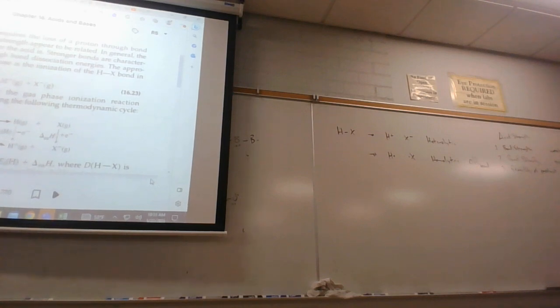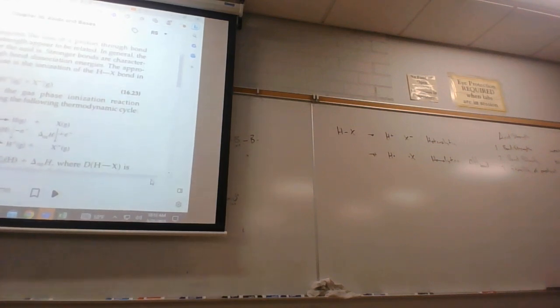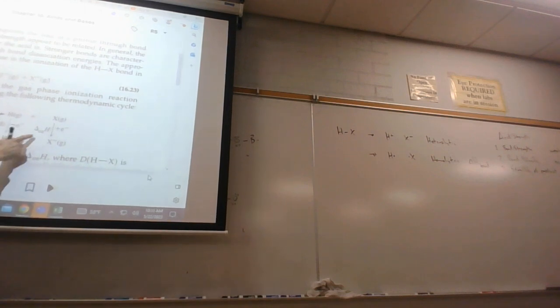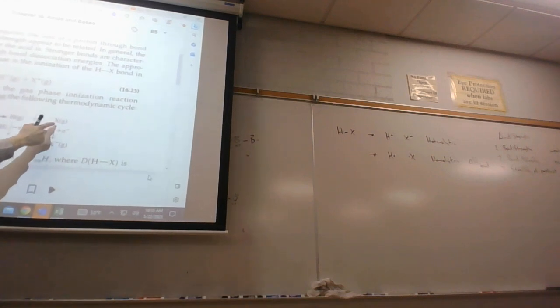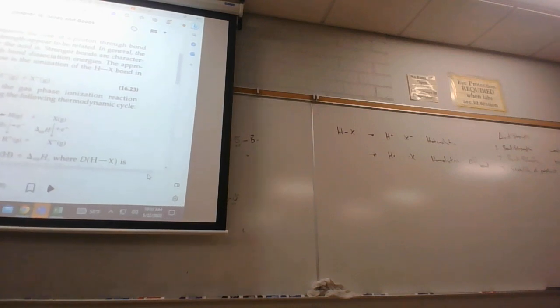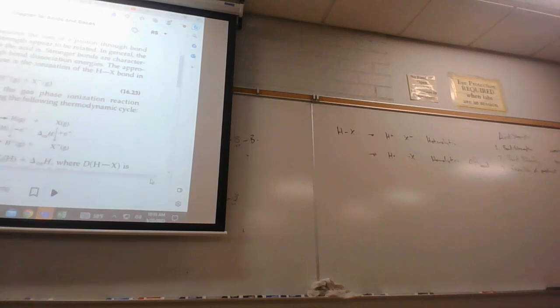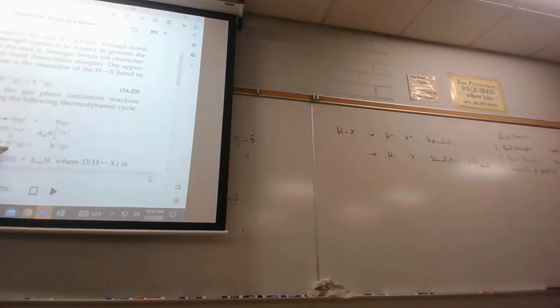Hess's law is we need to remove an electron from H. That's the ionization energy, EI for hydrogen. So if we take the homolytic and then add the ionization energy, and then we need to add an electron to X, that's electron affinity. And so we can do it in three steps. This plus this plus this gives us this overall. Okay? This is Hess's law.